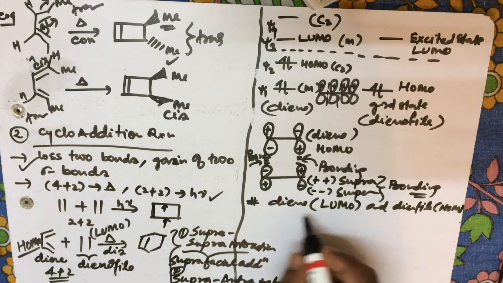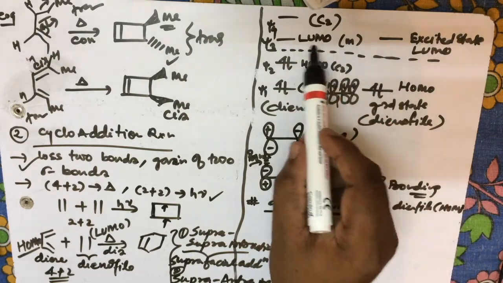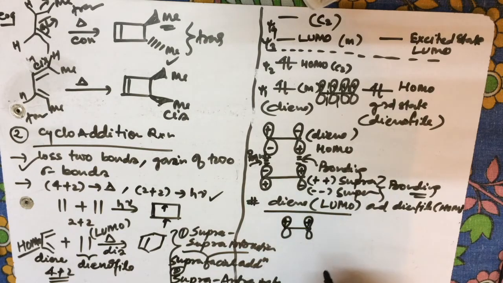So for diene LUMO you will get this M, plus, okay.